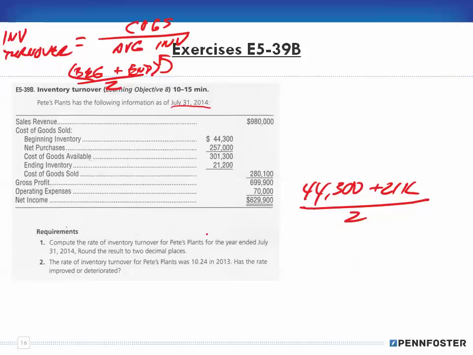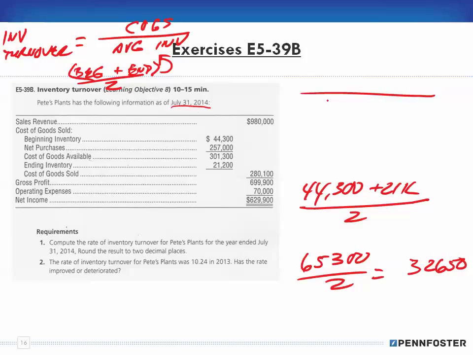When we do that, we have 44,300 plus 21 equals 65,300, and we divide that by 2, which means our average inventory is 32,650.